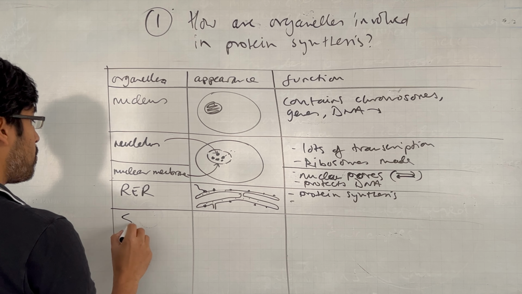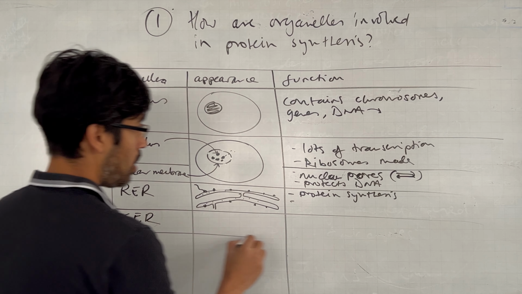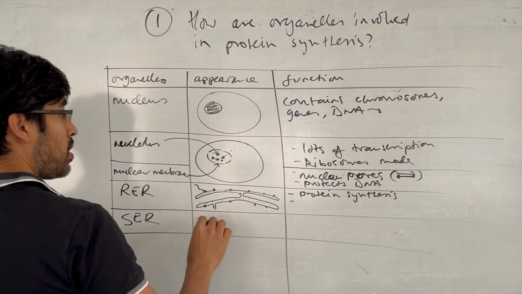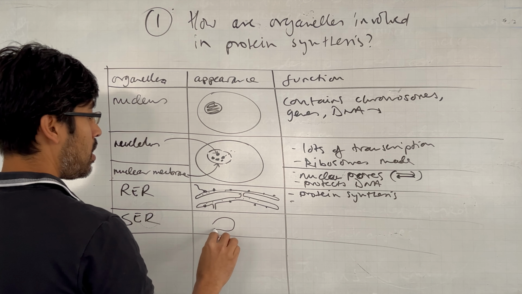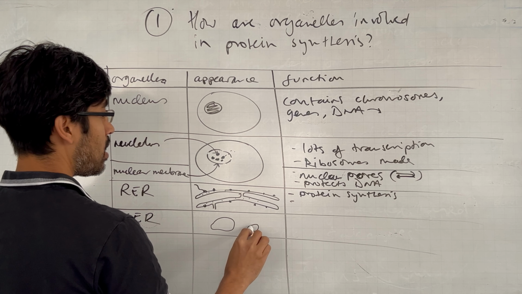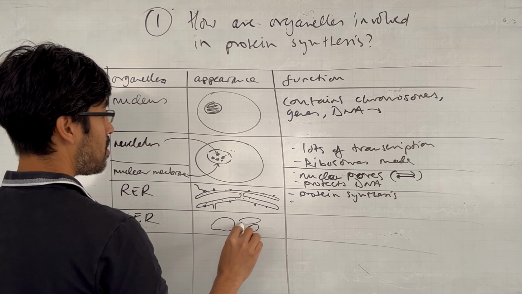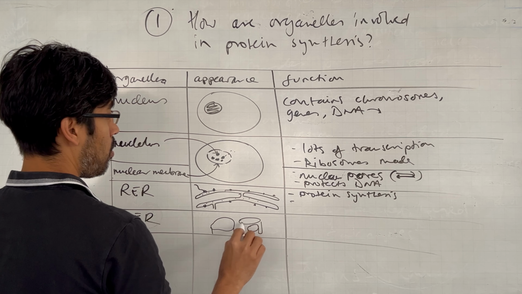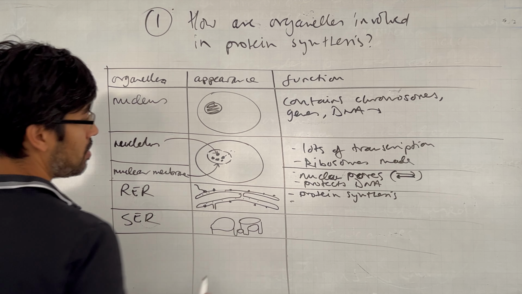There is also a smooth endoplasmic reticulum. All right, now it looks a little bit different. It's also attached to the nucleus, it's also made of membrane, but they're interconnected, but they're not flattened sacs.